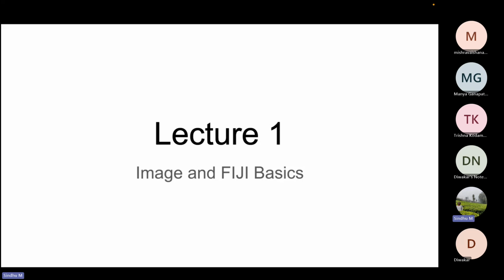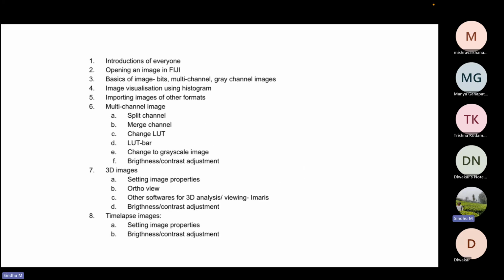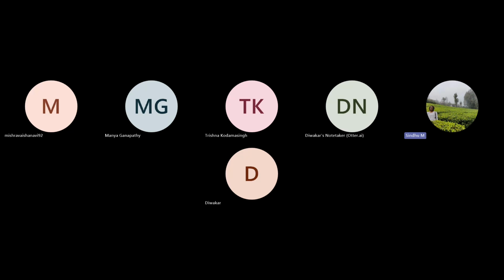In the first lecture of this course, we are just going to look at the basics of what is an image, and we will also go into the basics of what is FIJI. FIJI is the main software that microscopists use for processing microscopy images. So let's get started. This is the basic outline of the course. We'll look at some of the basic things that you can do with FIJI so you get an idea of the software.